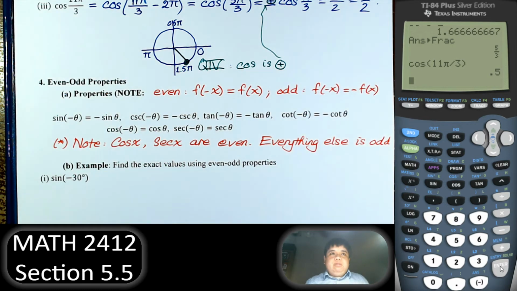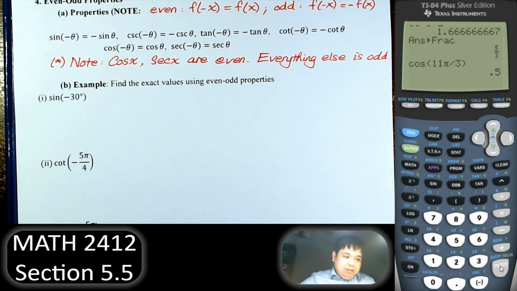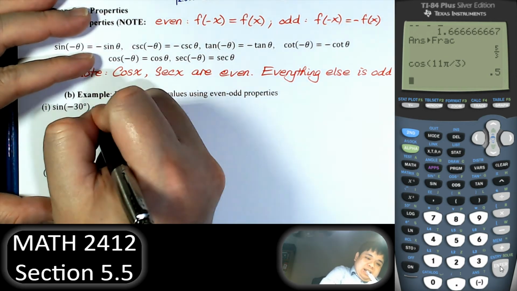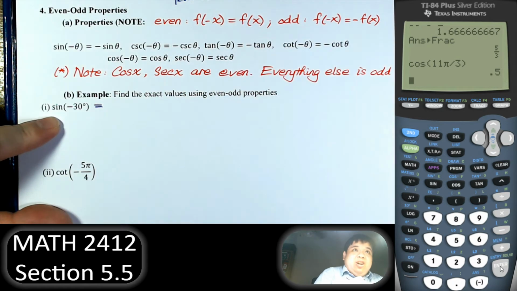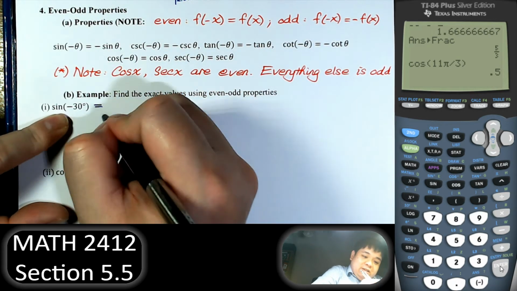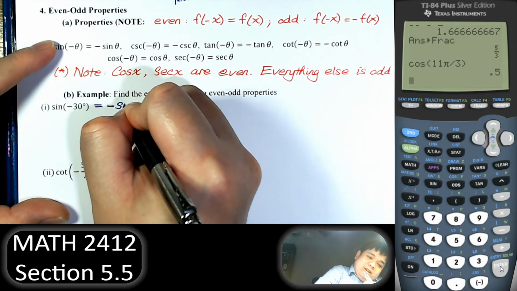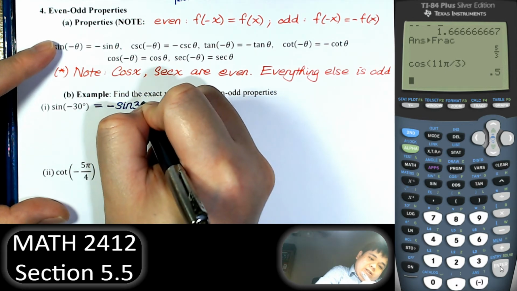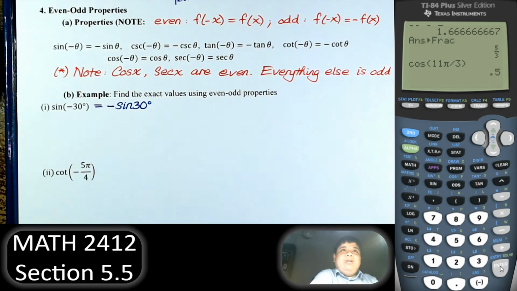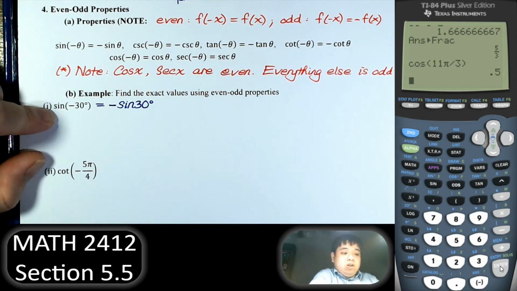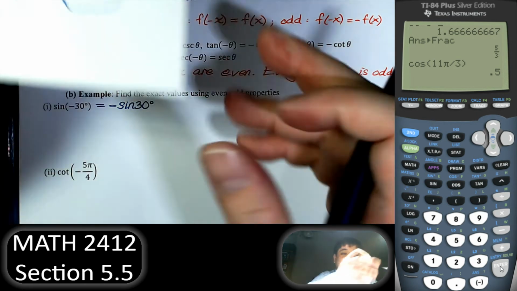So how did that help? Well, it helped because sine is an odd function. So if we have sine of a negative, it's a negative sign. Right? So that is the even and odd properties. Sine is an odd function, so sine of a negative is a negative of a sine.